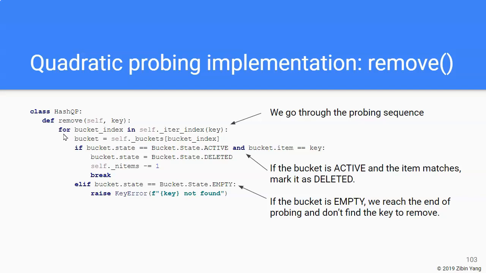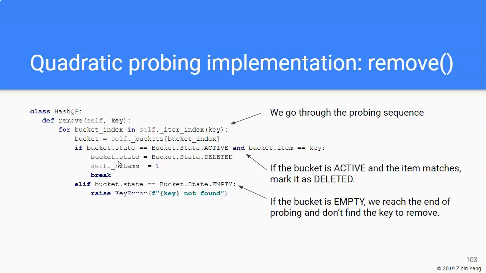By now we know the drill. We'll go through the probing sequence yielded by our sequence generator that is based on a key. And for the bucket that it references, we check the state: if the bucket is active, and if the item in the bucket equals our key, then we found the bucket that contains the key.